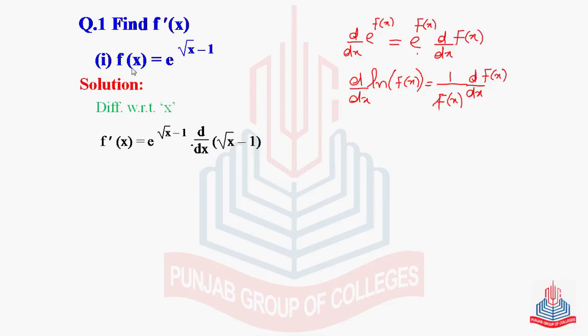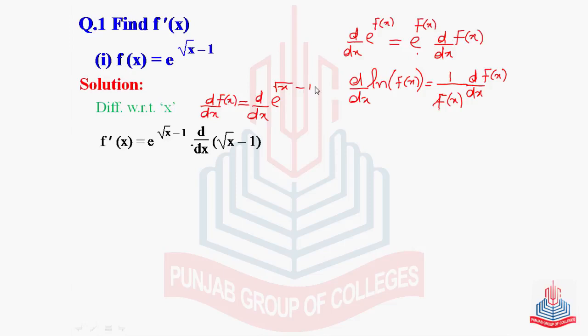So the left hand side will become f prime of x, and on the right hand side, d by dx of e raised to the power square root of x minus 1.